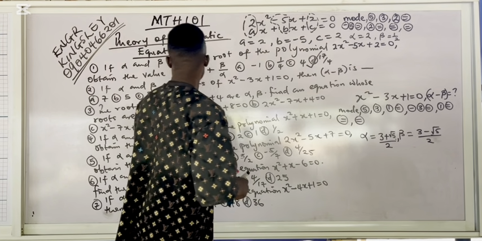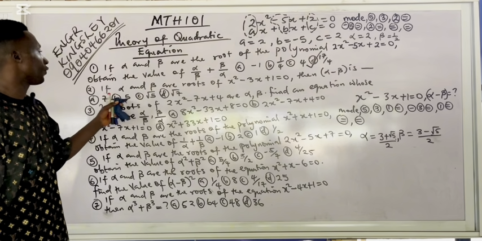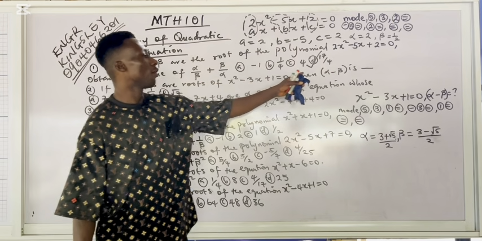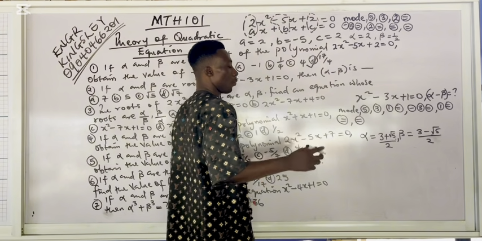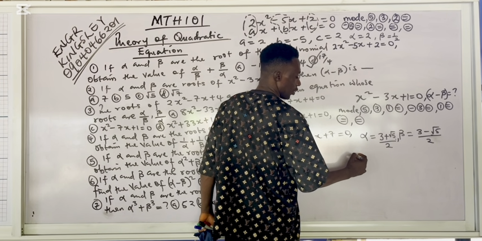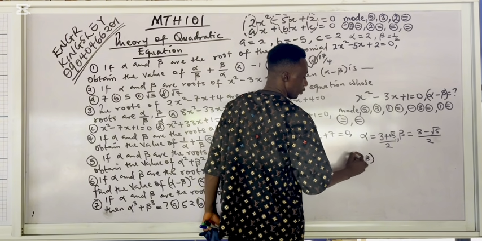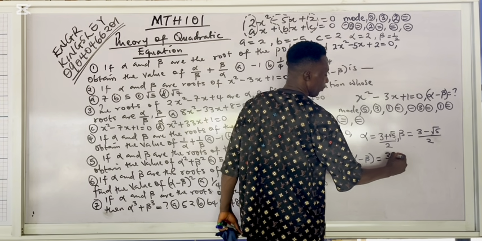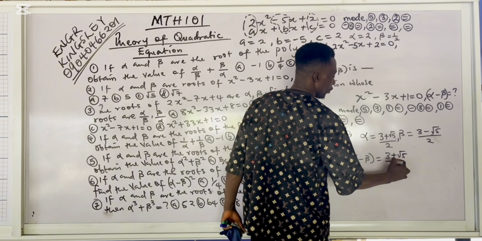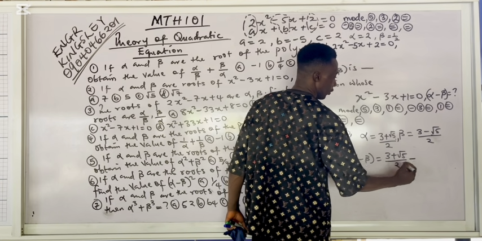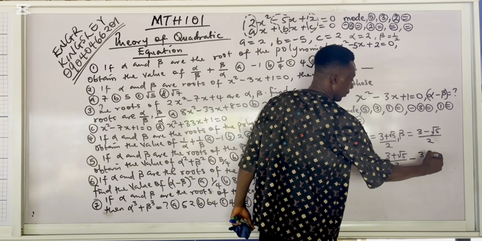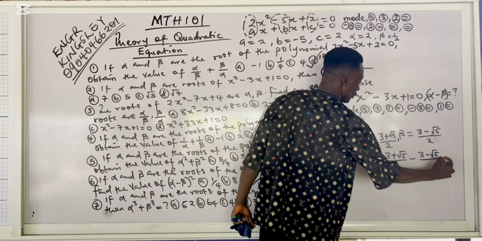Okay, so what did they tell us to find? They say you should find alpha minus beta. So we punch it in our calculator. Alpha minus beta will give us 3 plus root 5 over 2 minus 3 minus root 5 over 2.